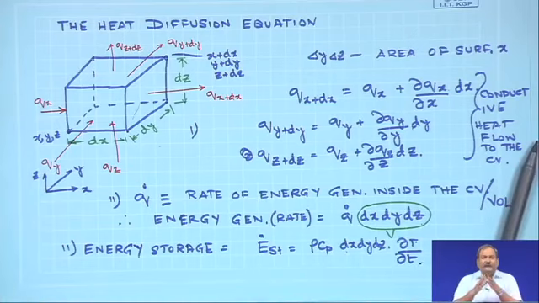So, if we think of the energy conservation equation, the rate of energy into the system would be qx, qy and qz, and the rate of energy going out would be qx+dx, qy+dy and qz+dz, plus the amount of energy generated inside the system, E dot g, which is q dot, the energy generation rate per unit volume, multiplied by dx dy dz.